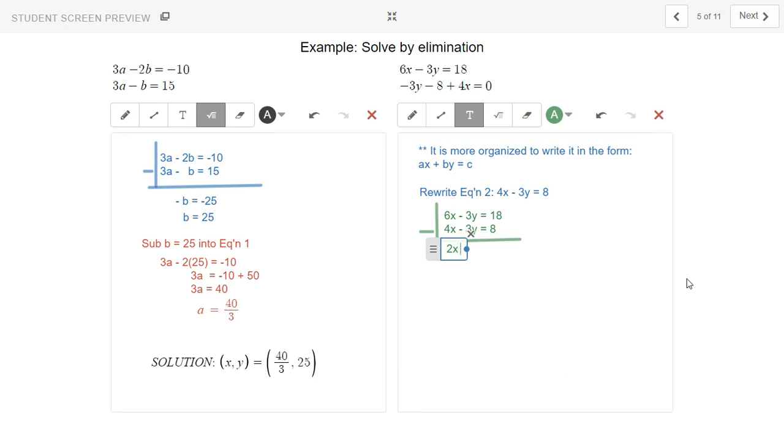So 2x is equal to 10. When we simplify that, we have x is equal to 5. That's the first half of our answer. Let's do the second half now. Sub x is equal to 5 into equation 1. 6 times 5 minus 3y is equal to 18. 30 minus 3y is equal to 18.